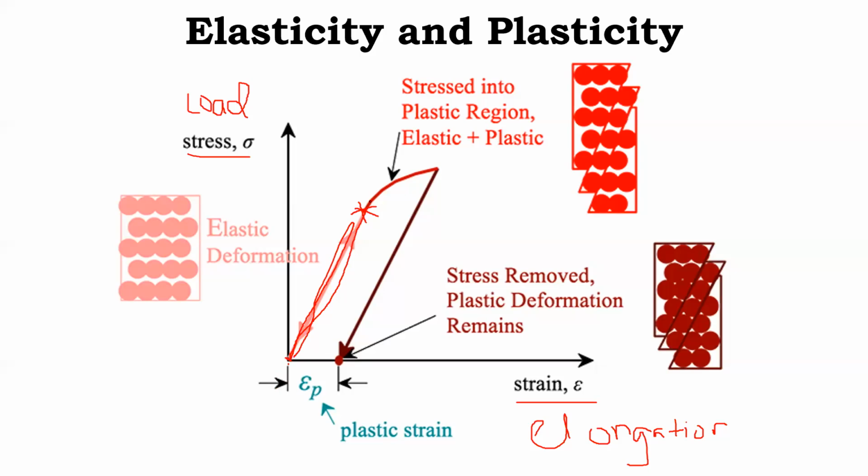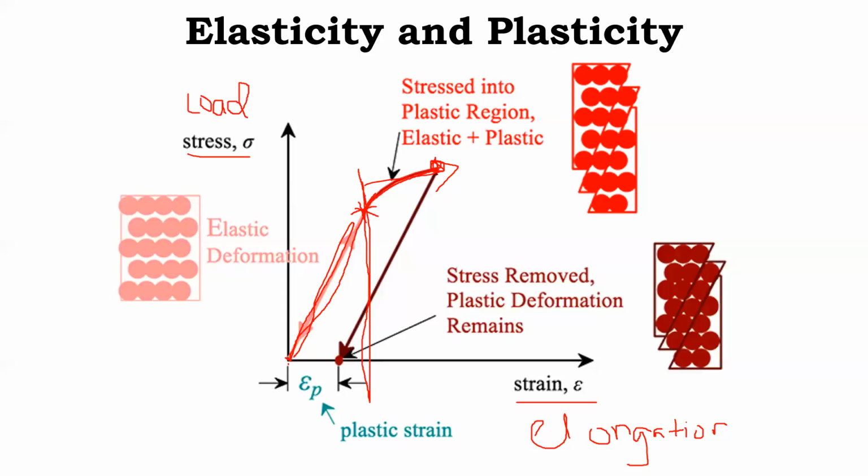Once we cross this elastic limit, we reach the plastic deformation region. This much of elongation is elastic deformation, and after this point, whatever is happening on this side is plastic deformation. Suppose after some plastic deformation I decide to remove the load. What will happen?